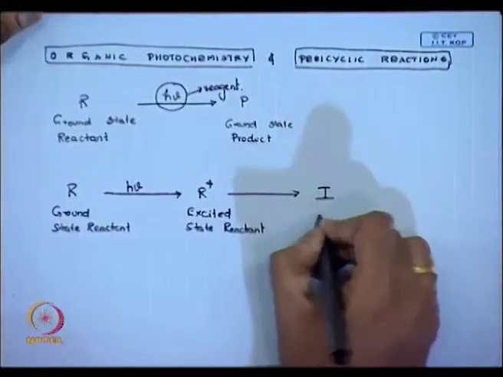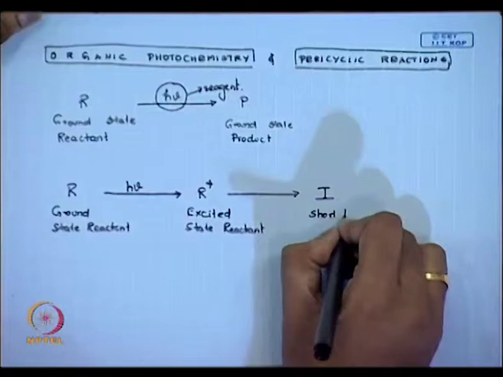The intermediate I can be a ground state species, but it is a very short lived species, so this intermediate gets transformed immediately to give you the product P. So, what we say is that R star gives you a short lived intermediate.